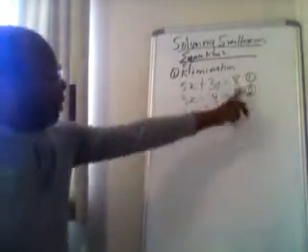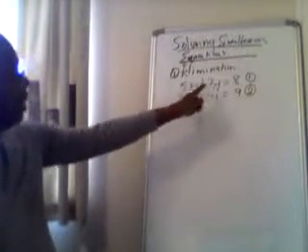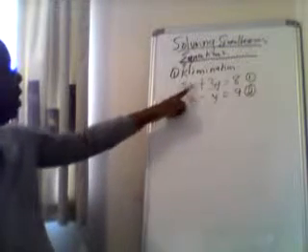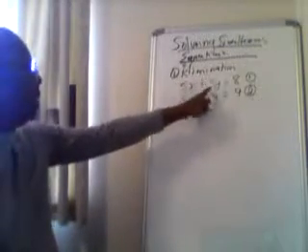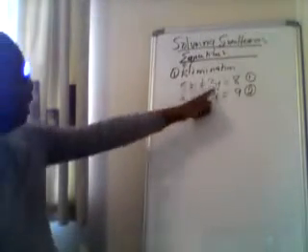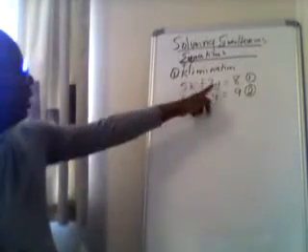Okay, after you have finished labeling, then you need to check the coefficient of each of these terms. The coefficient is the number before this letter and the number before this letter. So in equation 1 we have 5 for x and 3 for y.